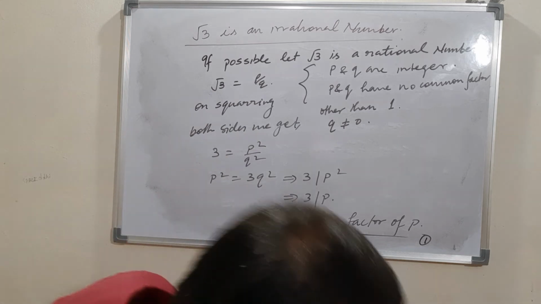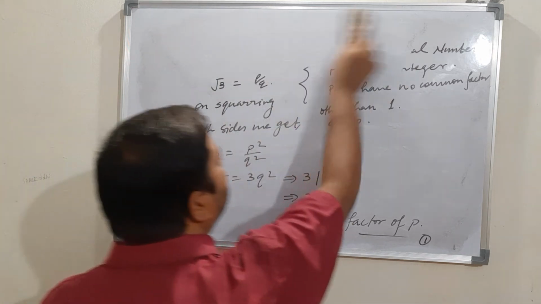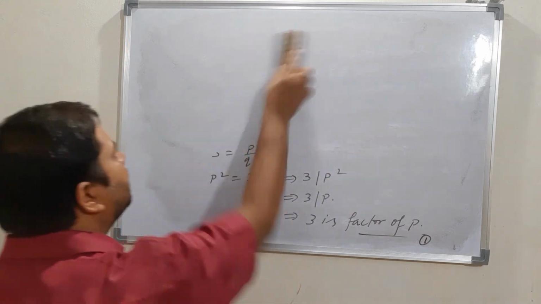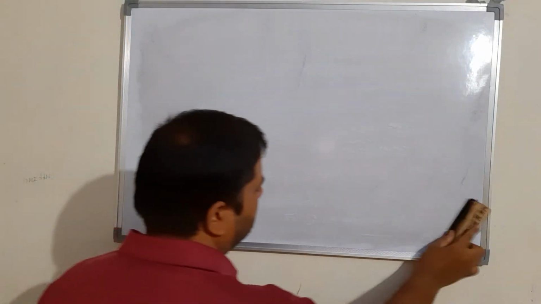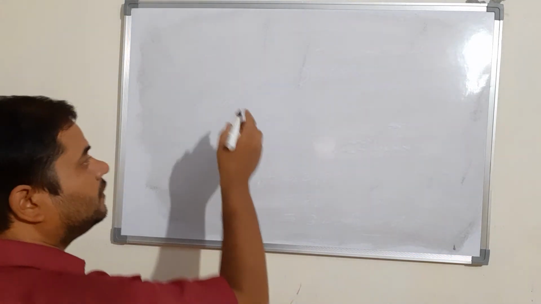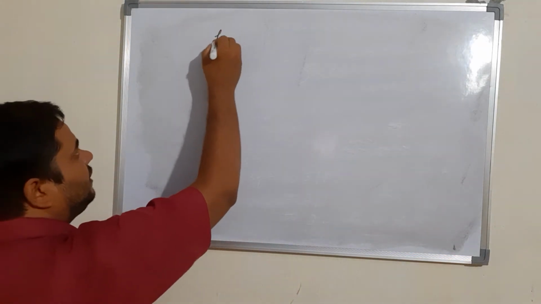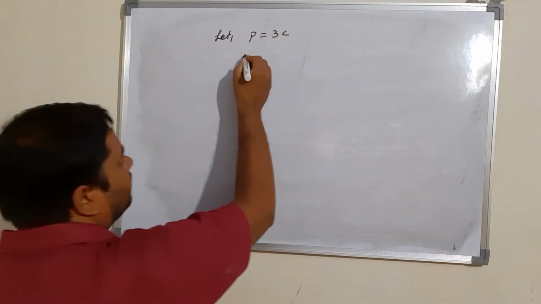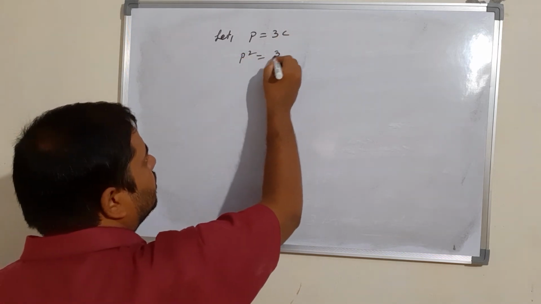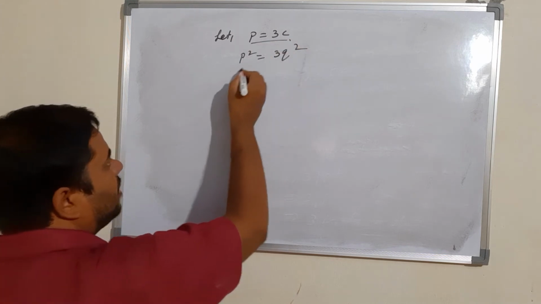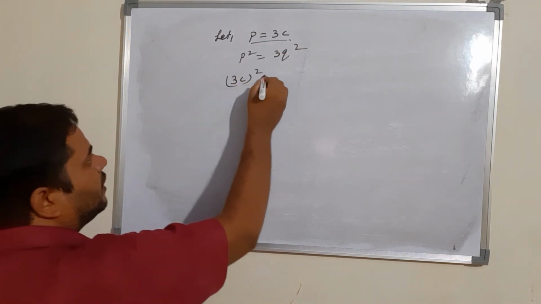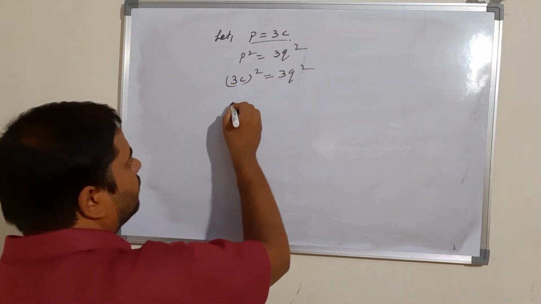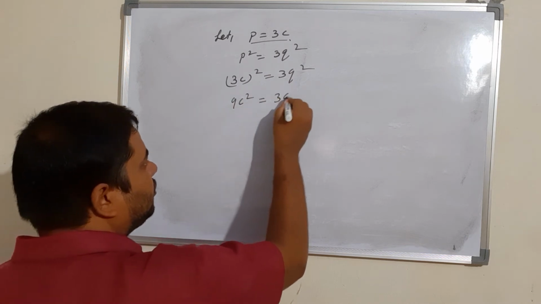Now let P be equal to 3C and put it in P square is equal to 3Q square. This value you have to put here. 3C whole square is equal to 3Q square. So 9C square is equal to 3Q square.